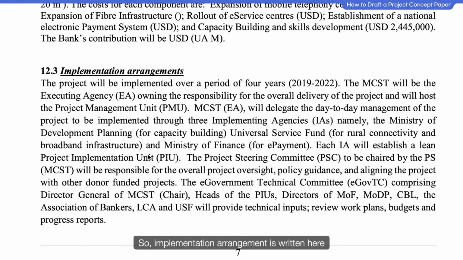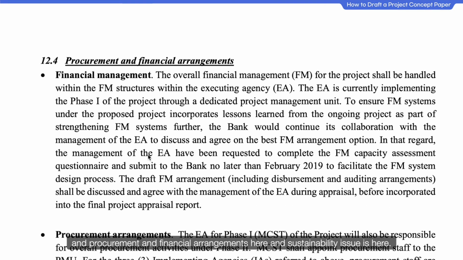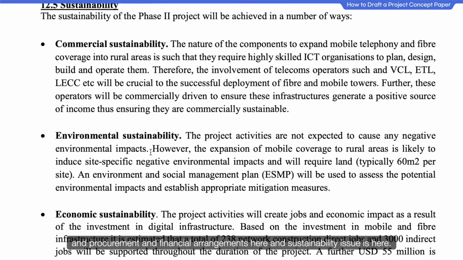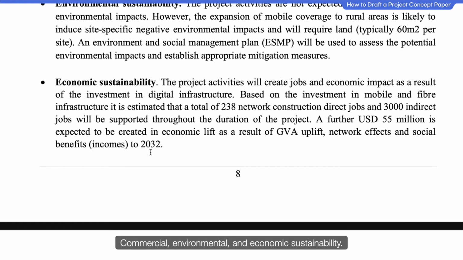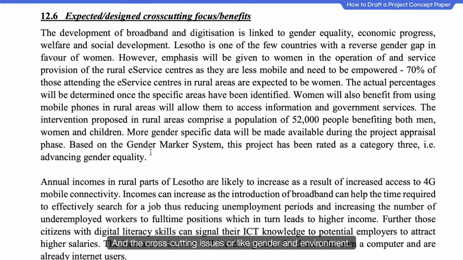So the implementation arrangement is written here, and procurement and financial arrangements are here, and the sustainability issue is here, commercial, environmental, and economic sustainabilities, and the cross-cutting issues like gender and environment.